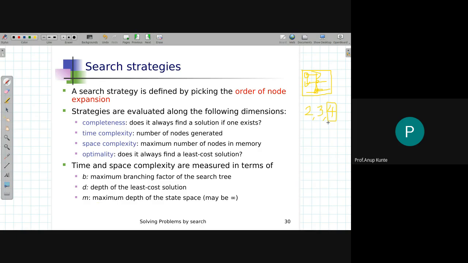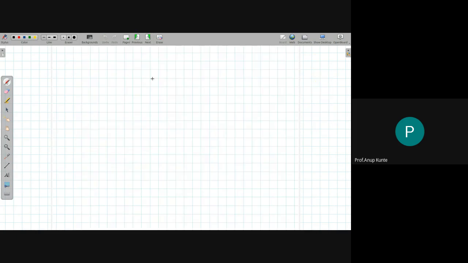It was natural to understand what b is, but d is kind of difficult to understand. d stands for depth of the least cost solution. Now, to understand this, I may open a thing here. Suppose some hypothetical problem. This is the initial state, and I have this way of expanding the nodes, and it's a binary problem kind of.